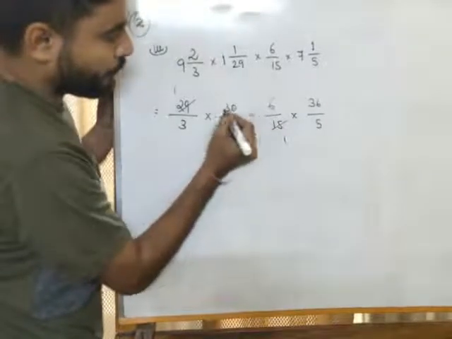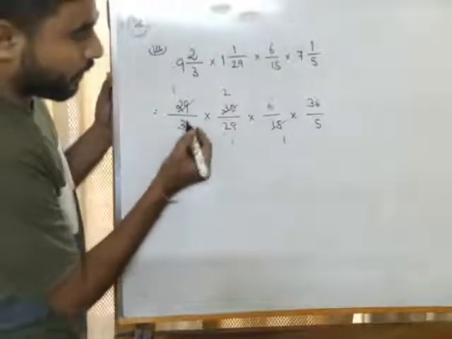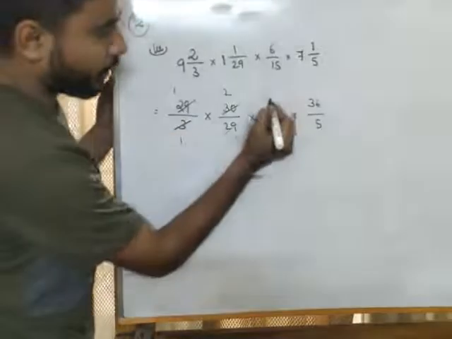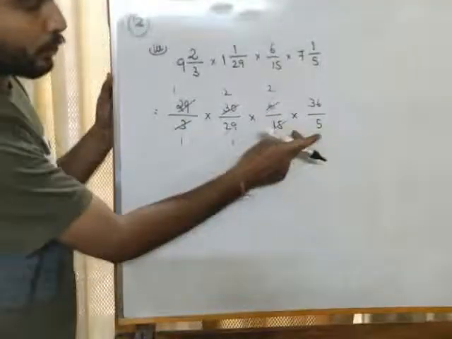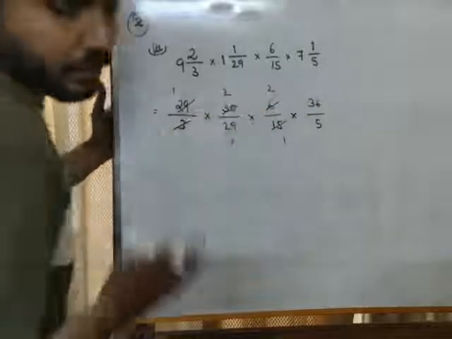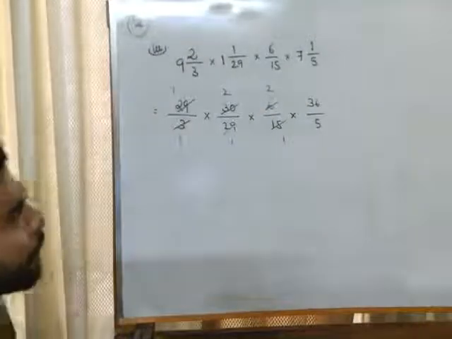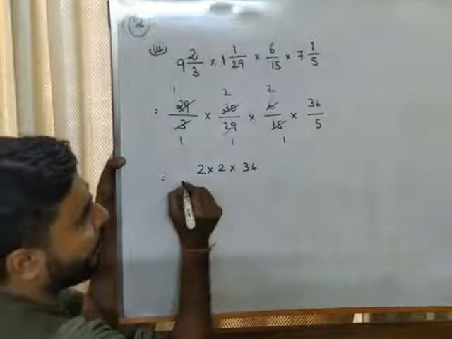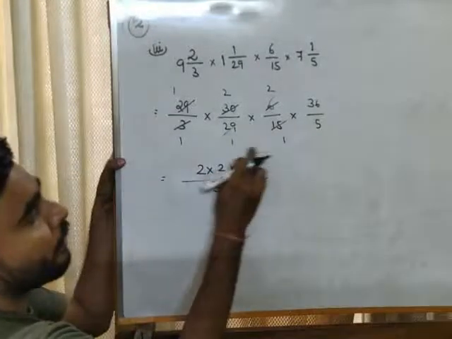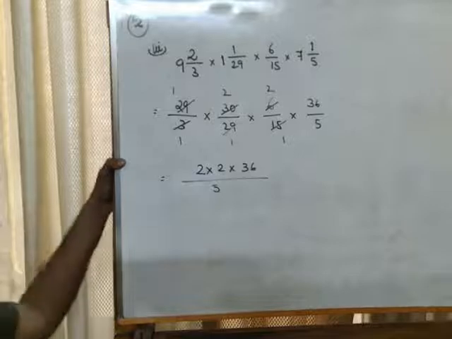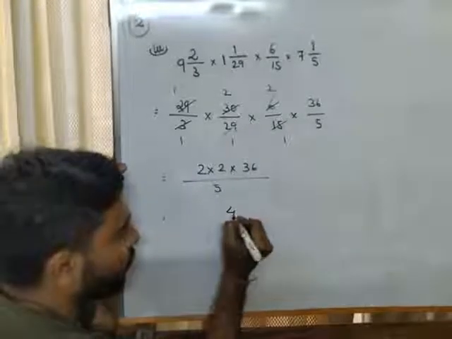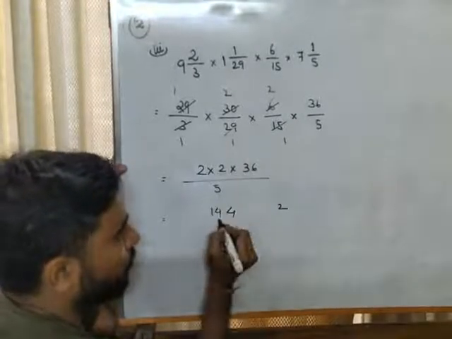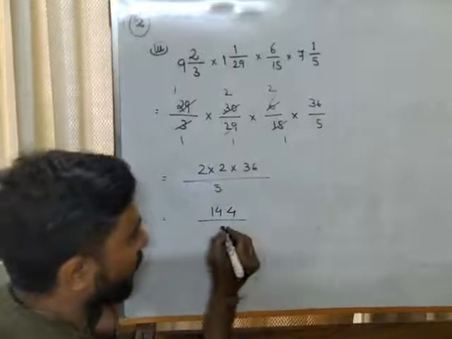15 1 times, 15 15 2 times. Okay, then 3 1 times 3, 3 2 times 6. Now this 5 won't reduce any of the fractions above. So it will be 2 into 2 into 36 and below we have 1 into 1 into 1 into 5 as 5. So it will be 144 by 5.